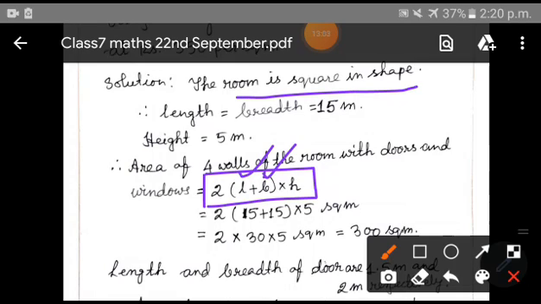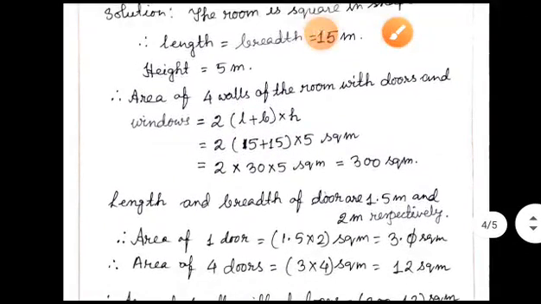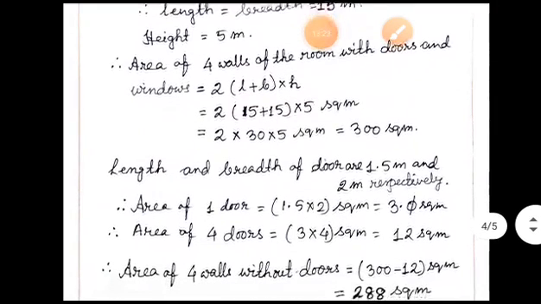So 15 plus 15 into 5: you are doing 2 into 30 into 5, that is 300 square meter. The length and breadth of the doors are 1.5 meter and 2 meter respectively, and the area of the door is length into breadth. So 1.5 into 2 is 3 square meter.